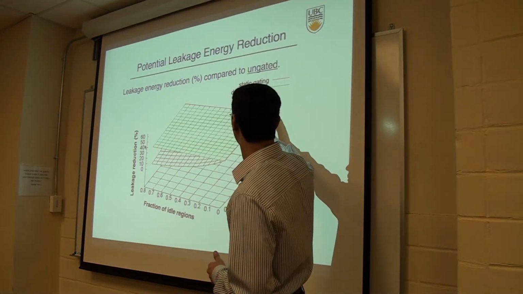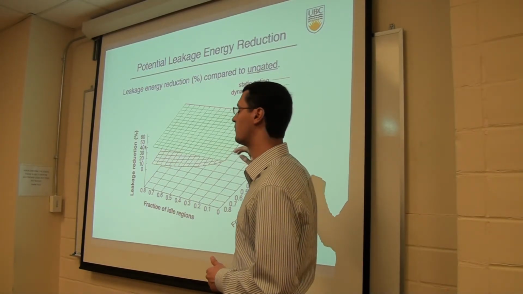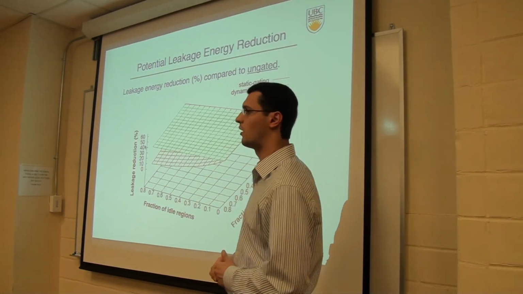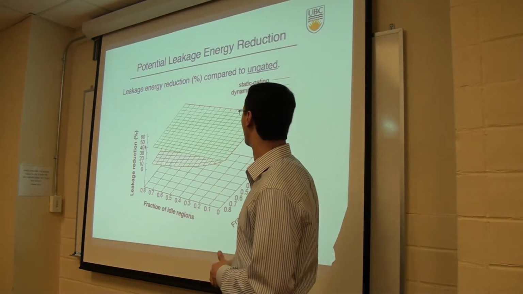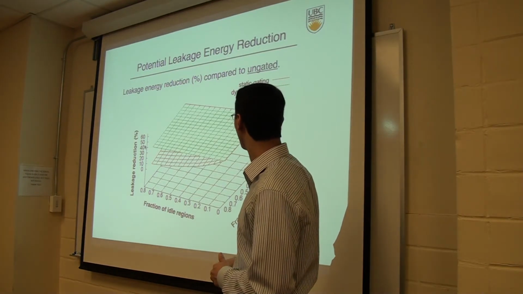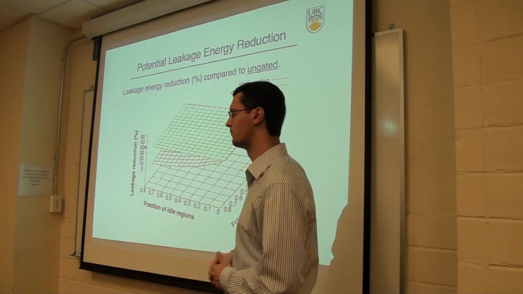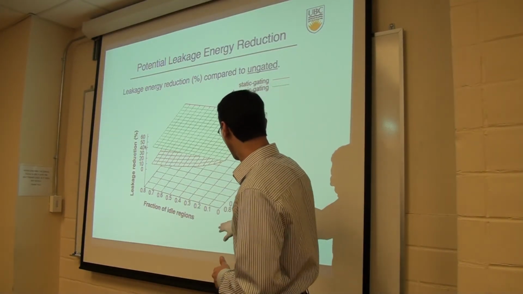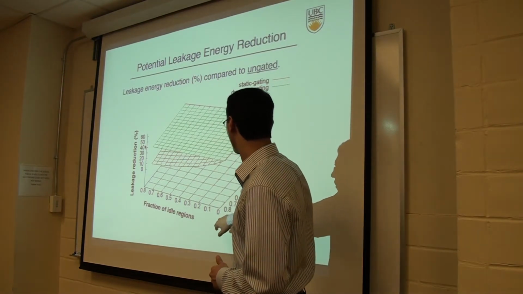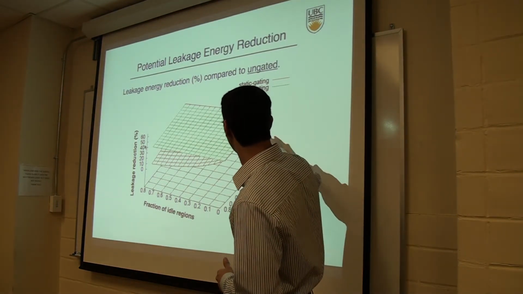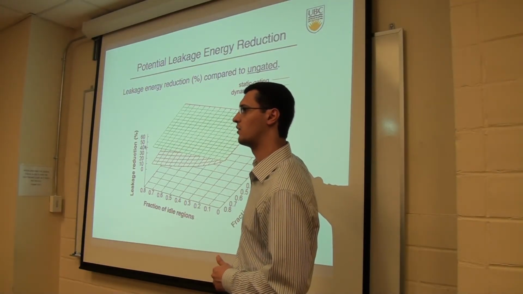And I'm showing here two architectures: the static gating, which allows only power gating at configuration time, and the dynamic gating, which allows power gating at runtime if the clocks are idle. The leakage savings here are compared to an architecture that has no power gating. So if you look at the values where we have small fractions of idle regions and small fractions of idle times, we can see that the static gating has larger savings than dynamic gating.